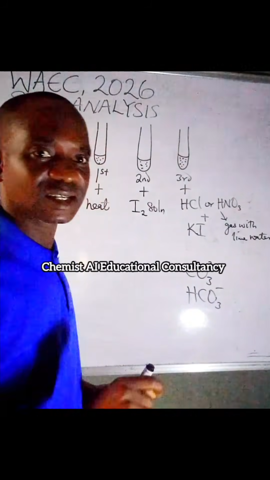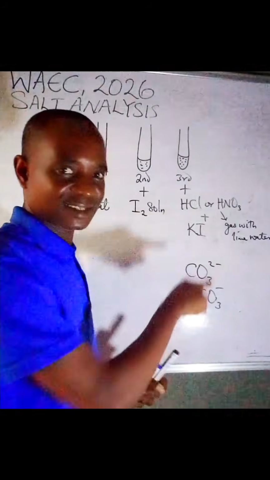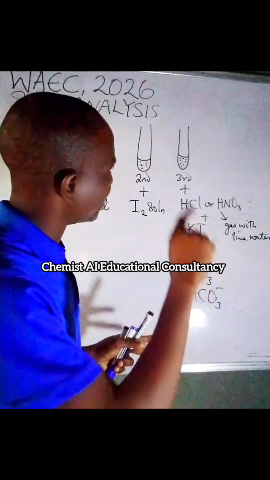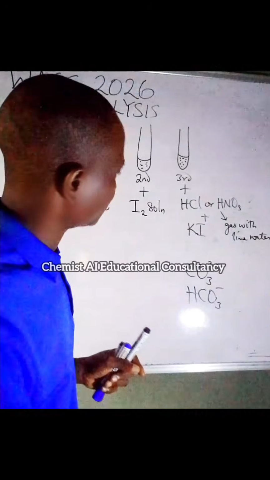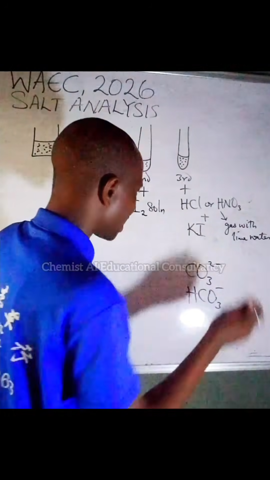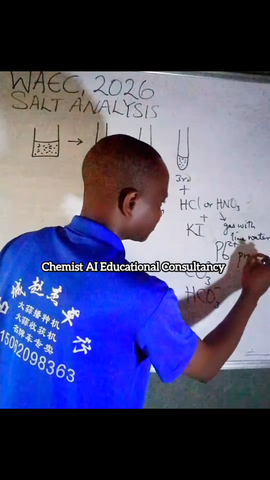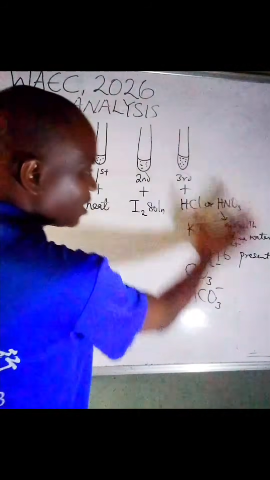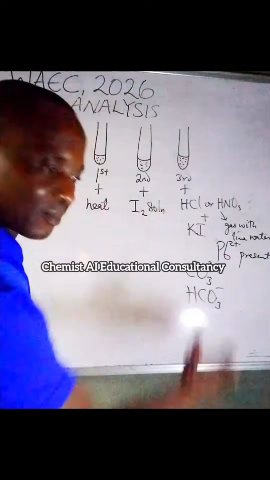This yellow precipitate is lead(II) iodide. So under observation, you write yellow precipitate, and under inference, you write lead(II) ion present, Pb2+ present.